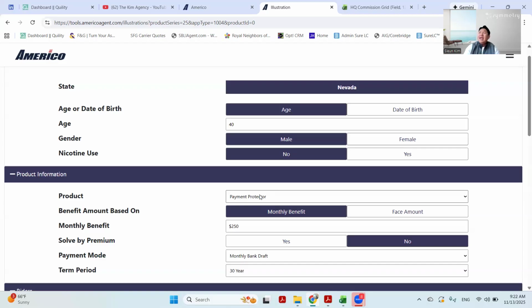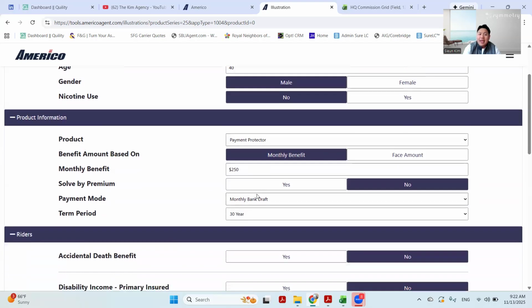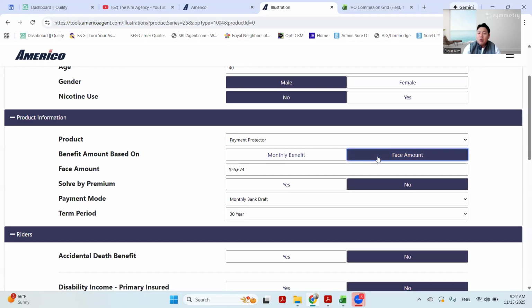If somebody says, "I'm specifically looking for mortgage protection where the coverage will go down as my mortgage goes down," then you do have that option. You can go to the payment protector, and there are two ways you can set this up. One is benefit amount based on monthly benefits, and the other is benefit amount based on face amount. I most of the time choose the face amount.